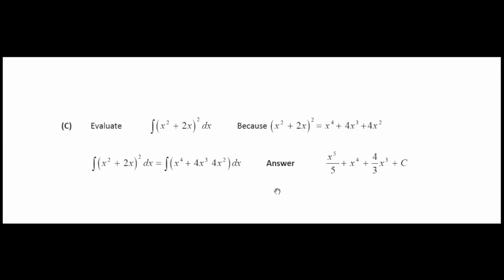Now, this problem, if instead of being x squared plus 2x squared, it was x squared plus 2x to the 5th, you would still have to expand the binomial, multiply it out, okay? So we only show you this problem because it's doable as squared, but not doable if the exponent were very large, okay?